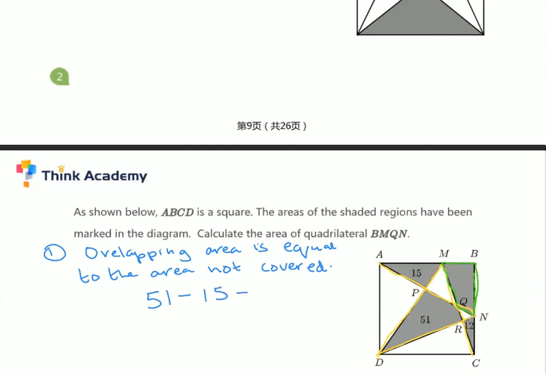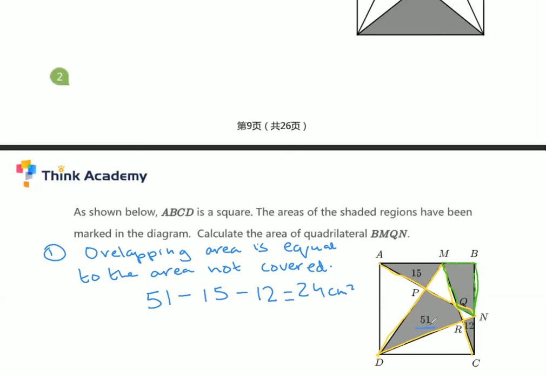And we've also got 12 over here that's not covered, okay, and that would give us the area of BMQN, which is just 24 centimeters squared, because we know that BMQN plus 15 plus 12 has to add up to 51, because that is our overlapping area.